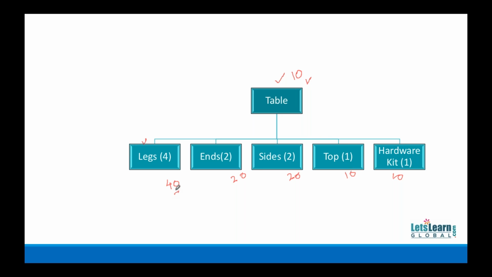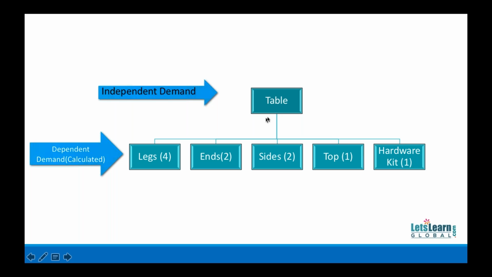We may have plus or minus, of course, maybe due to damage or something like that, but that is a different issue. Not like 25 here, 8 here, 9 there. In that case, you will have idle time because we need to wait for the material to come. So table is independent demand, and all the products which are used in the making of the table are dependent demand.